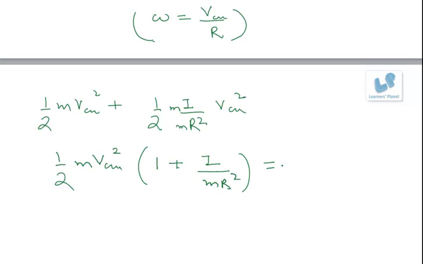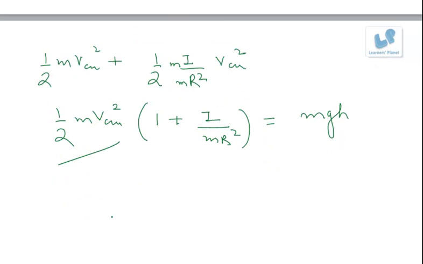This is the total energy, which is equal to mgh, and the translational kinetic energy will be given by mgh upon 1 plus I upon mr square.